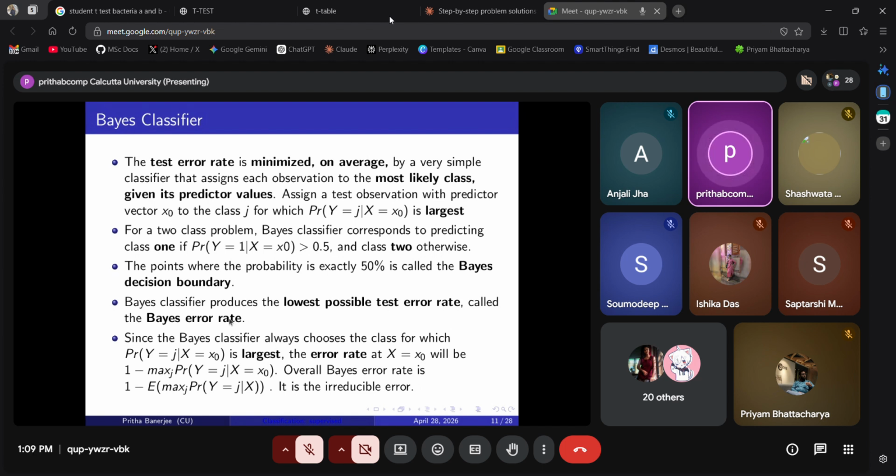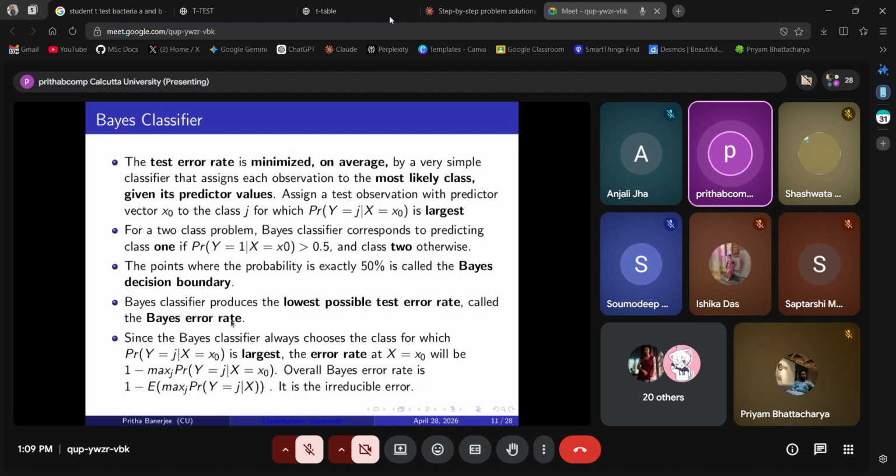But there are some problems with this Bayes classification. There are certain things about it which you cannot measure or compute. That's why it cannot really be used in its true essence.